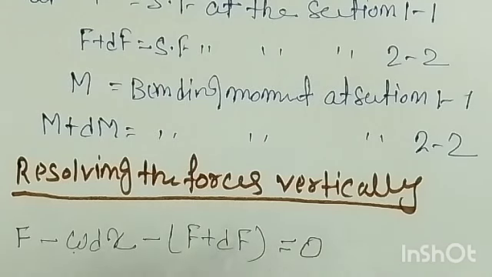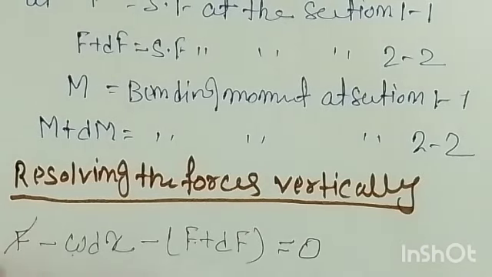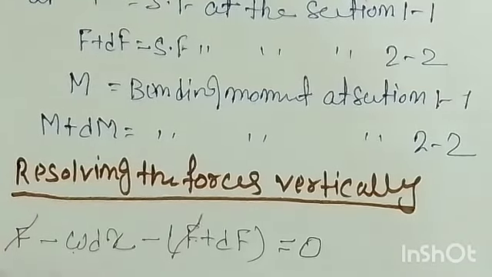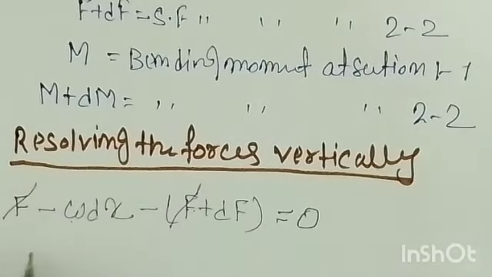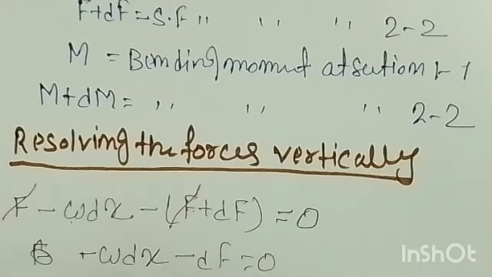So summation of Fy is equal to 0, which means the sum of all vertical forces is 0, right? When you open this, F and minus F will get cancelled. So let's cancel them. The equation will become minus W dx minus dF is equal to 0.